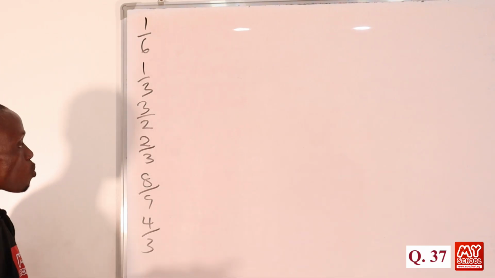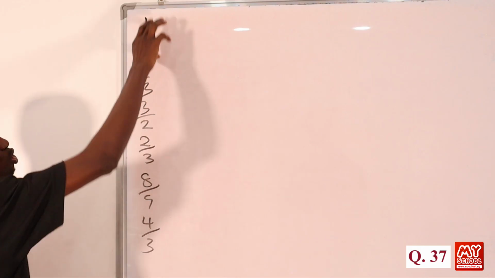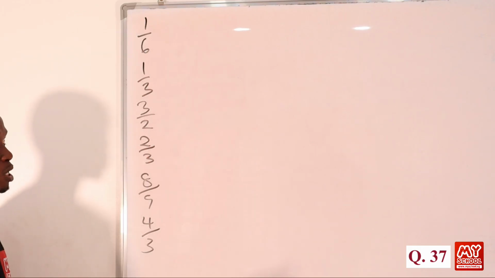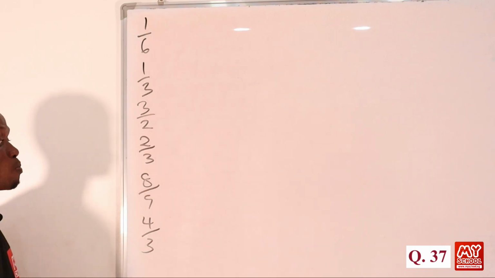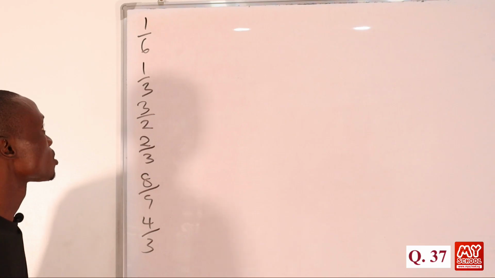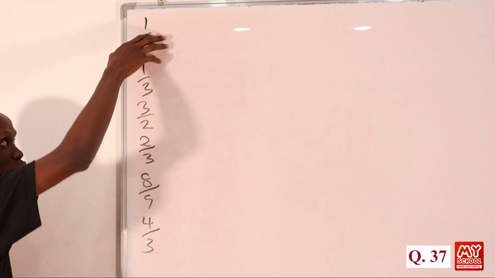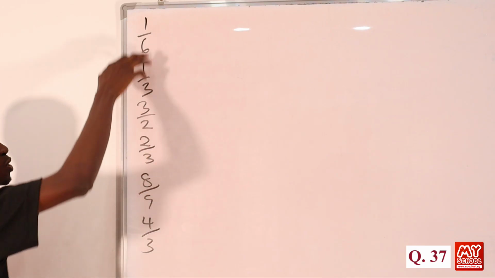To do that, we can make each of these fractions an equivalent fraction in which the denominator will be the same for each of the fractions, or we can multiply each of these fractions by the LCM of the denominators.